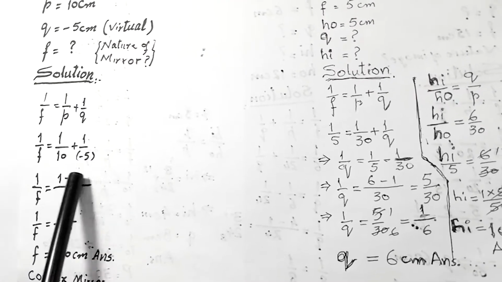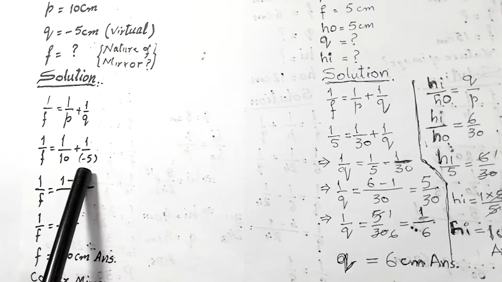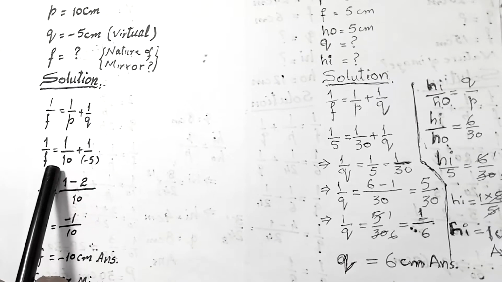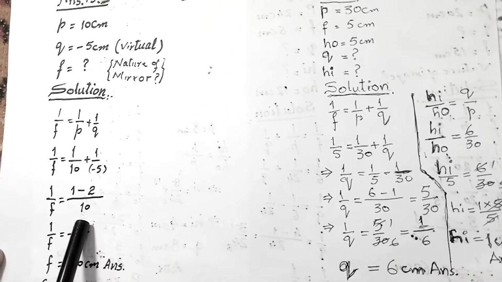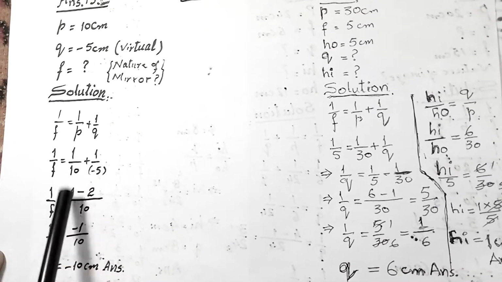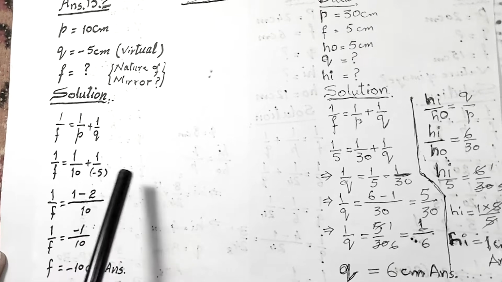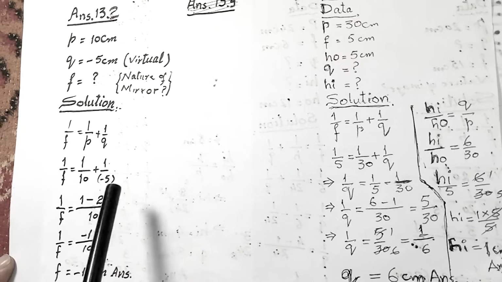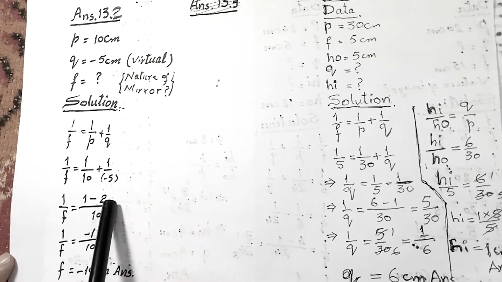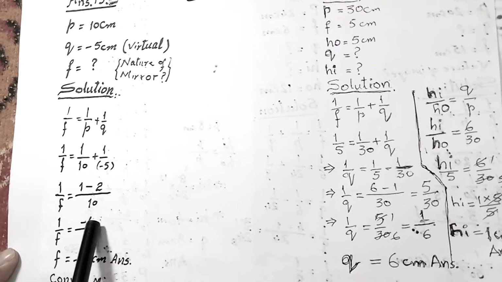So it comes minus 5 and 10. We get the LCM, that is 10. Now 10 divided by 10 comes 1, so we will write here 1. And 10 divided by 5 is 2, 2 ones are 2. So minus 1 upon 10.